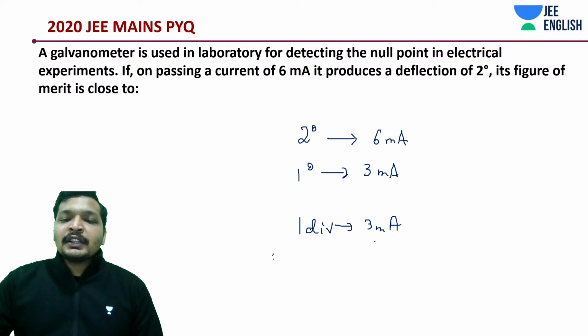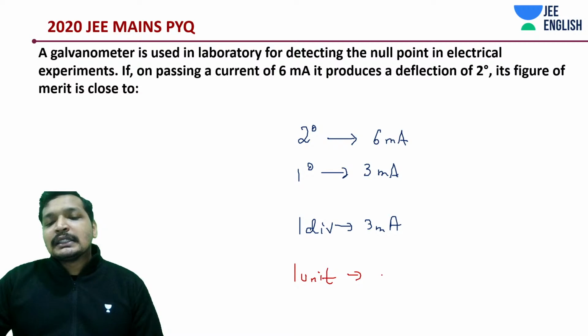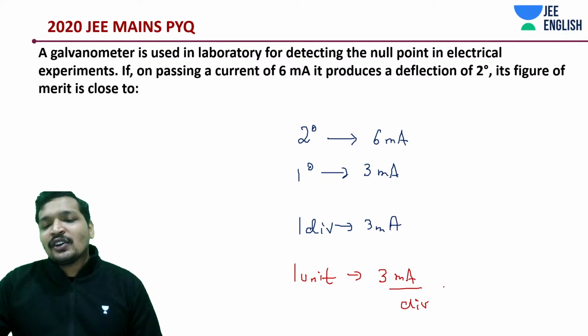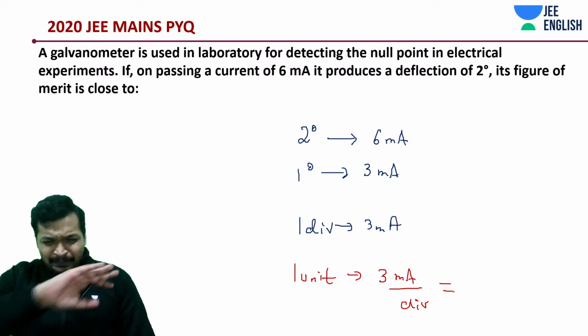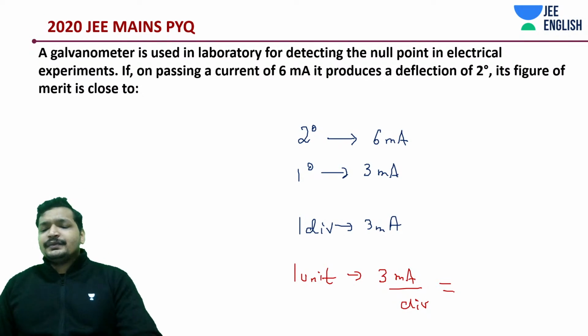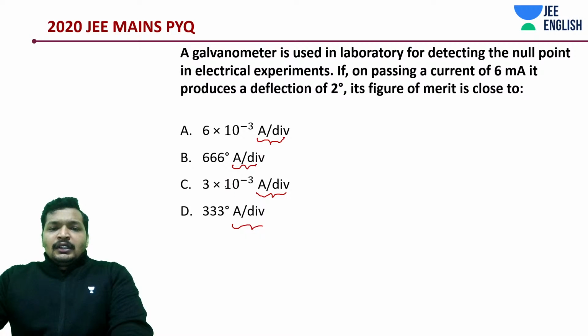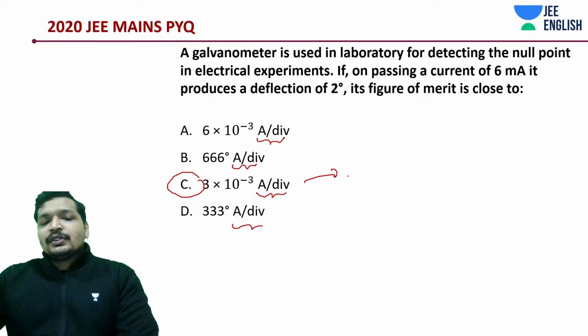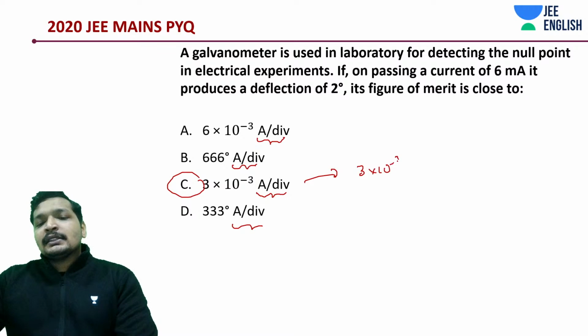Ampere per division. 1 unit is going to be 3 milliamperes per division. That's all you need to know. So the answer is going to be C. Why? It's all given in amperes. 3 milliamperes is going to be 3 into 10 to the power minus 3 ampere. There we go.